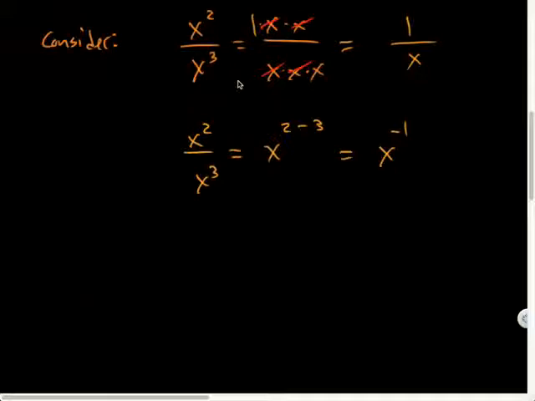The transitive property of equality says that if A equals B and B equals C, then A equals C. So that means x to the negative first power is equal to 1 over x, or maybe better yet, 1 over x to the first. So here's our negative exponents.